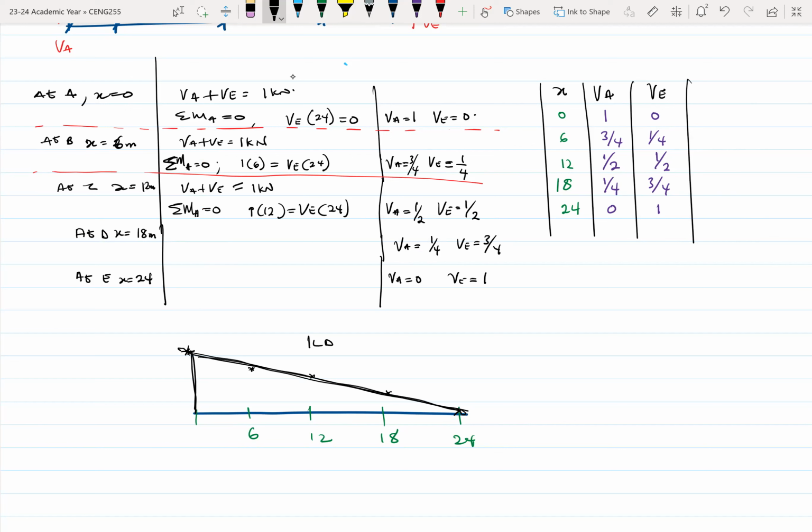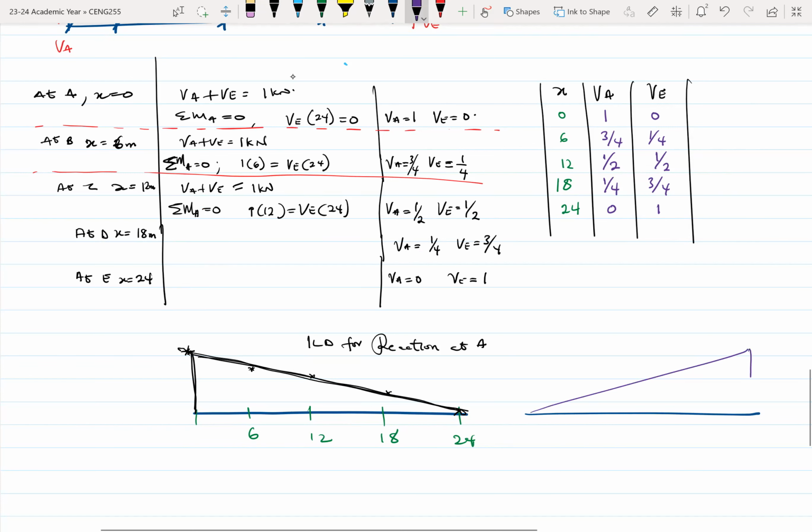So this is the ILD for the reaction at A. The same way we can also take the points for B there. So these are the ordinates, the 0, the 1/4, 1/2, and these are the ordinates for that point. We can also similarly use that information and end up with a diagram looking this way. So this becomes the ILD.